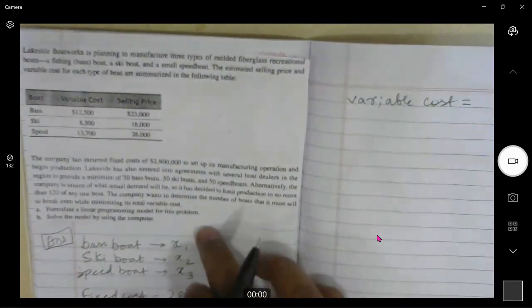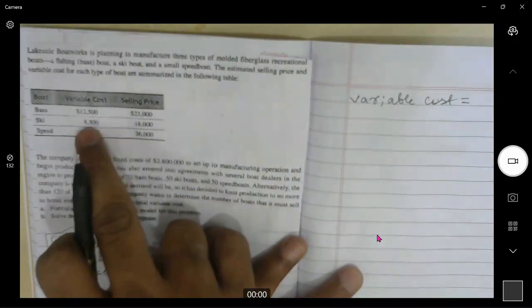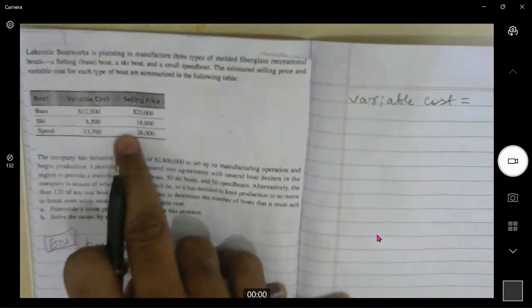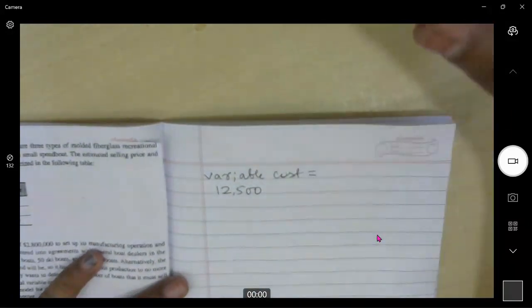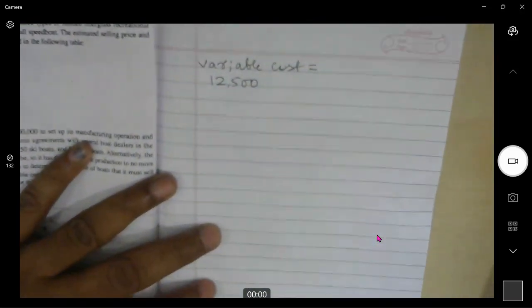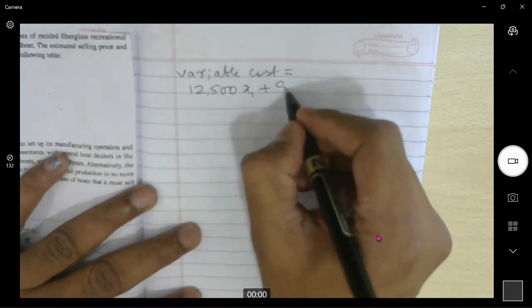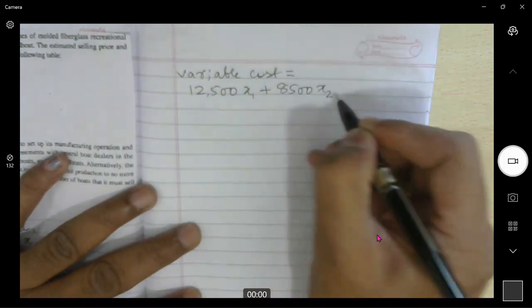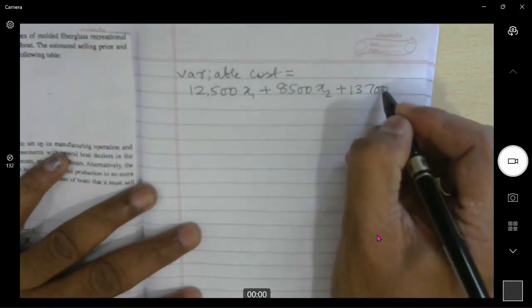So variable cost equals, here for each product the cost is given. So I know the production x1, x2, x3. Therefore, 12,500 into x1, 8,500 into x2, 13,700 into x3. Let me write that: 12,500 x1, let me just adjust the camera a little bit, plus 8,500 into x2 plus 13,700 into x3.